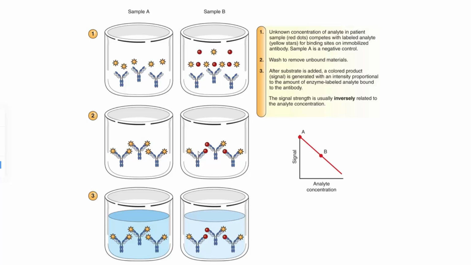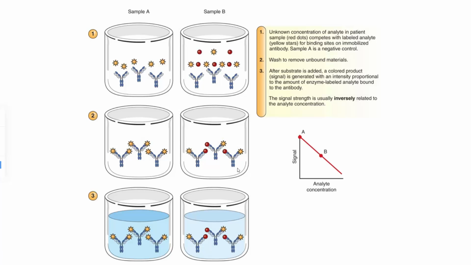Over in this sample, because the patient sample does contain the antigen that we're looking for, some of the labeled antigen is going to bind, while some of the patient antigen is going to bind. That reduces, or weakens, the signal. So as the signal decreases, the analyte concentration increases. The more of this we have, the weaker the signal.